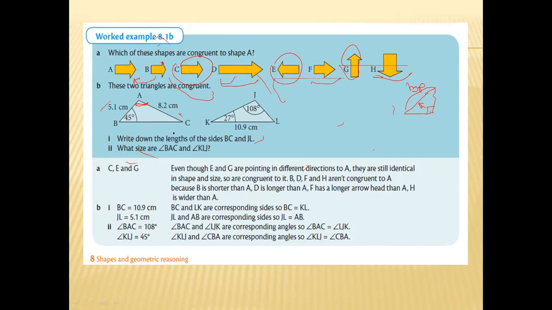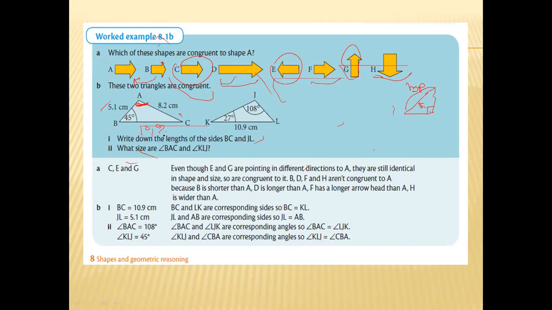Write down the lengths of the sides BC and JL. BC is equal to 10.9. Why? Because in the second shape, the longest angle is 108, and the side opposite 108 is 10.9. And here also our longest angle is A, so the side opposite A must be equal to 10.9.